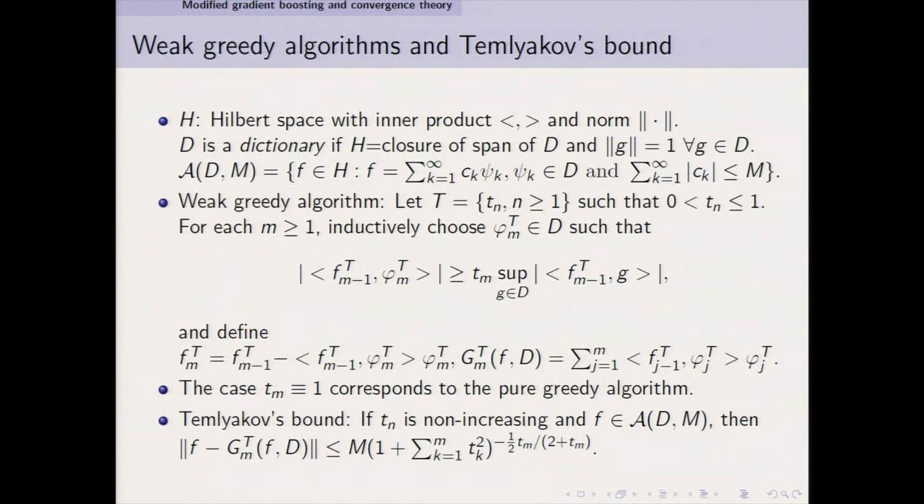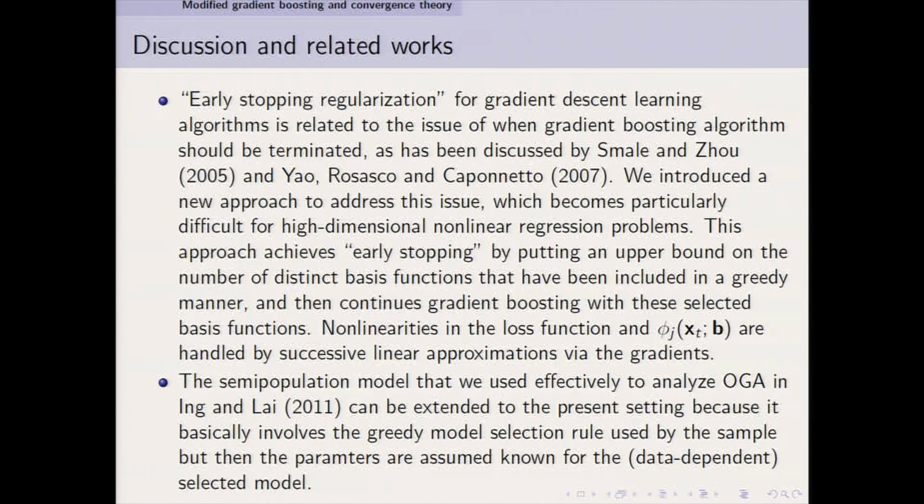Let me finish up quickly. This kind of thing has been looked at by, for example, Smale and Zhou, and also Yao, also from Steve Smale's group. They talk about early stopping regularization for gradient descent learning. The issue is, when do you stop?